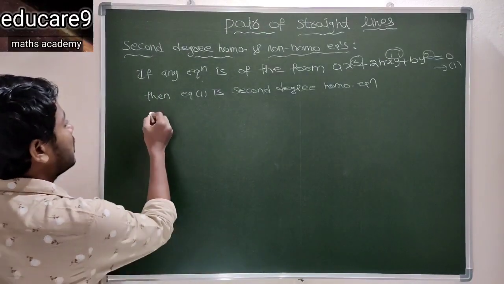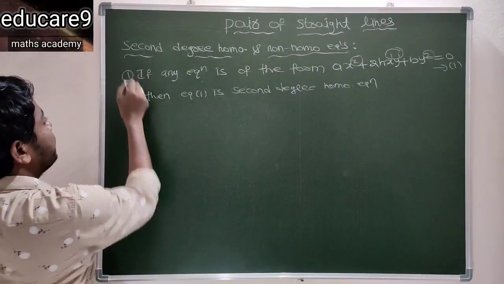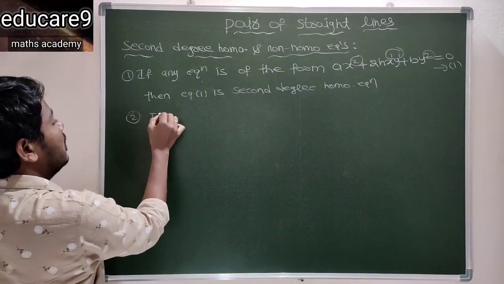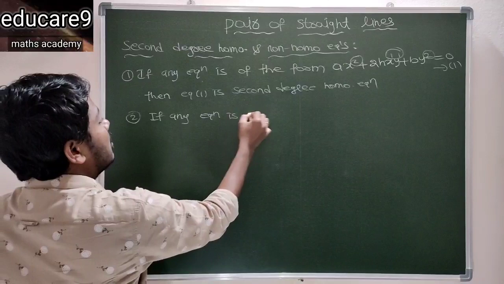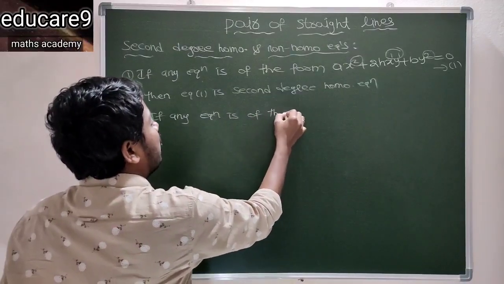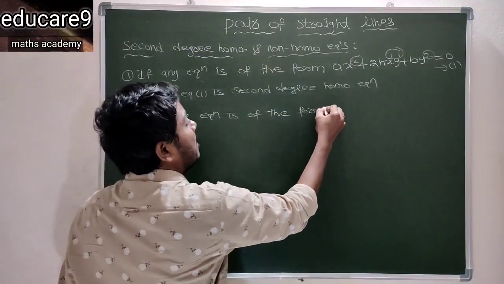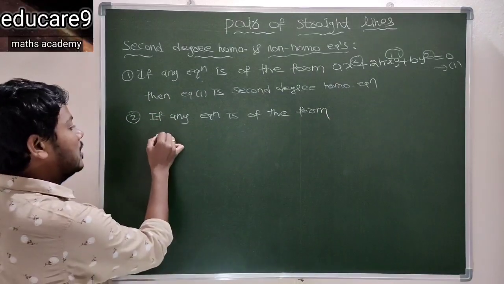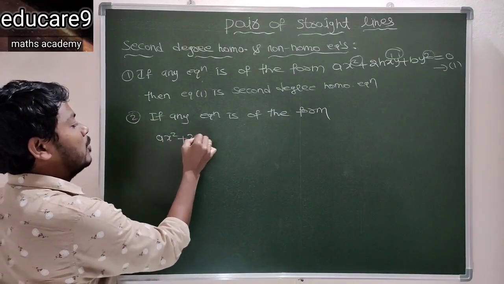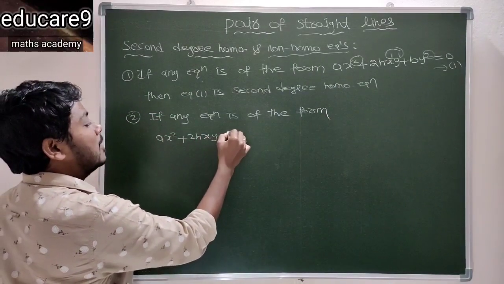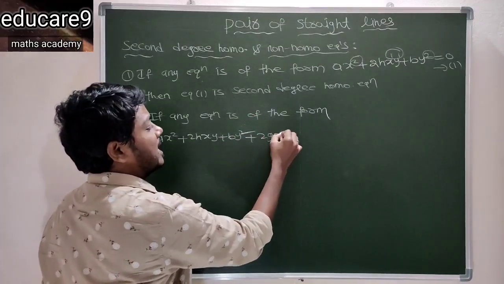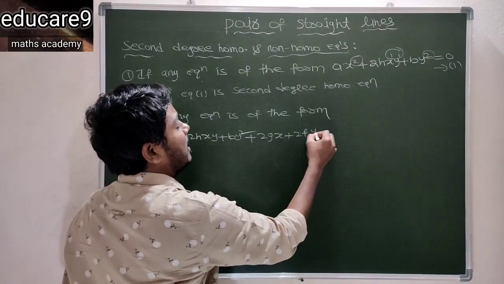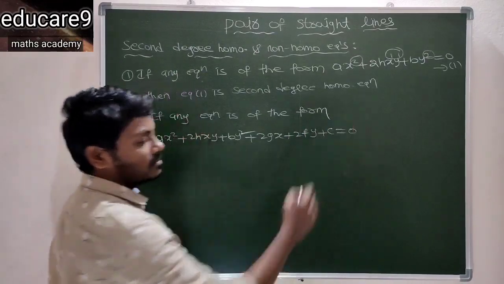And if any equation is of the form, see here, ax square plus 2hxy plus by square plus 2gx plus 2fy plus c is equal to 0.